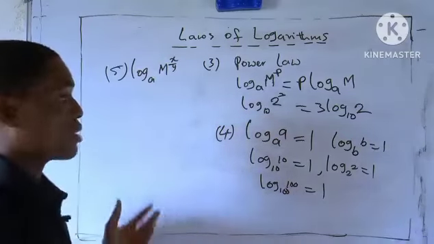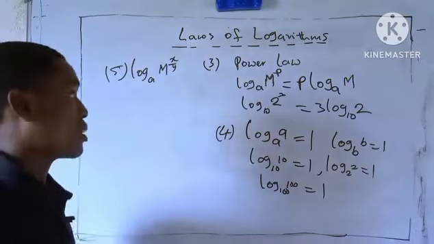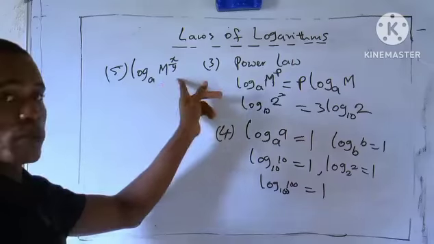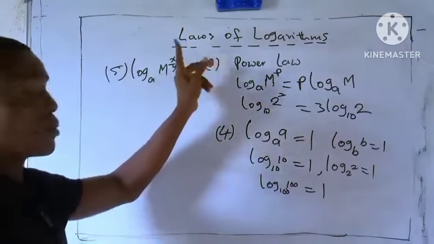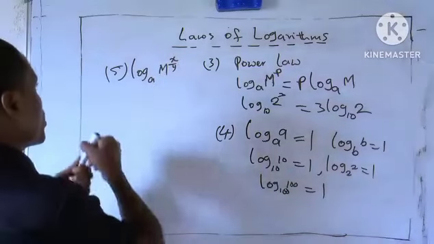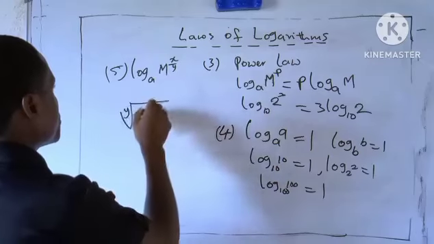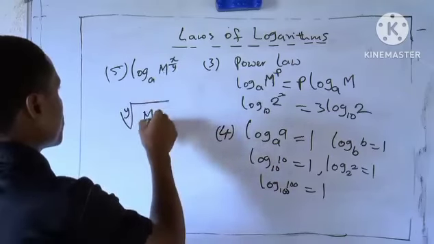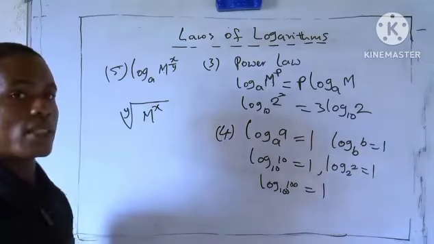So if you understand the laws of indices, you can easily write down the laws of logarithms. So if we have something in this form, log base a of m raised to power x over y, you can write it in this form: y-th root of m, you put m raised to x. Are you getting it?